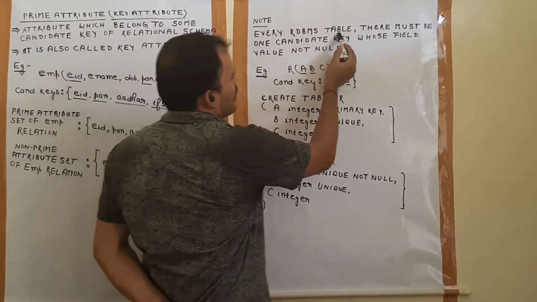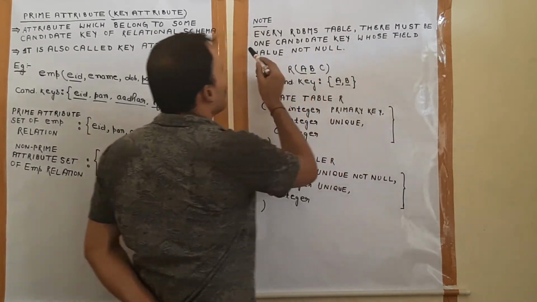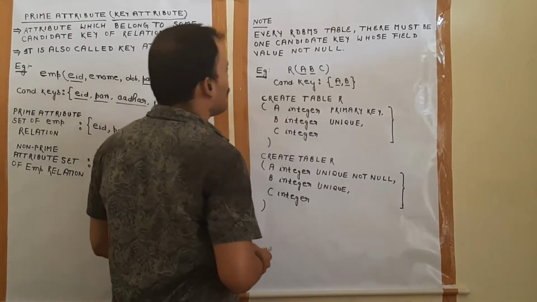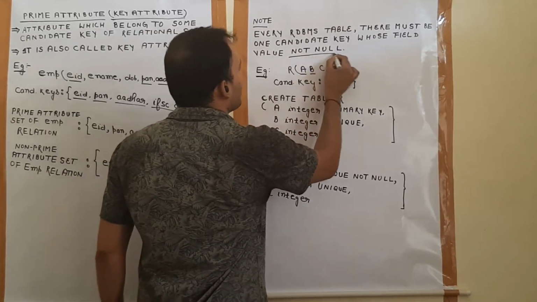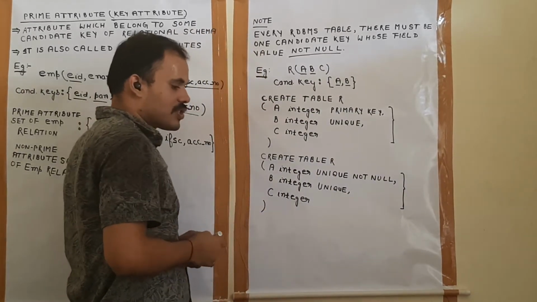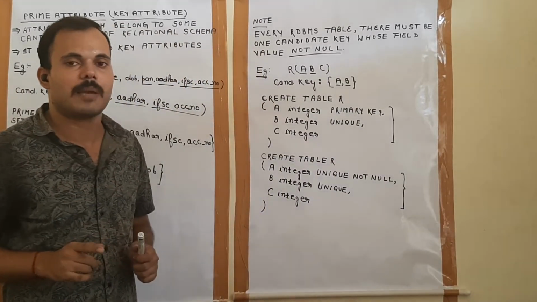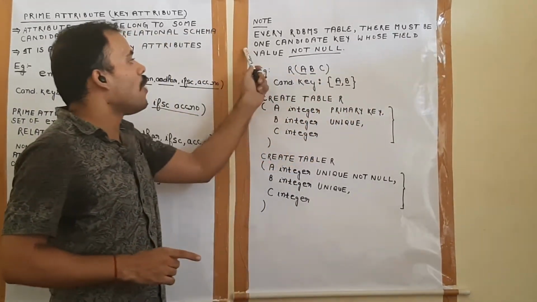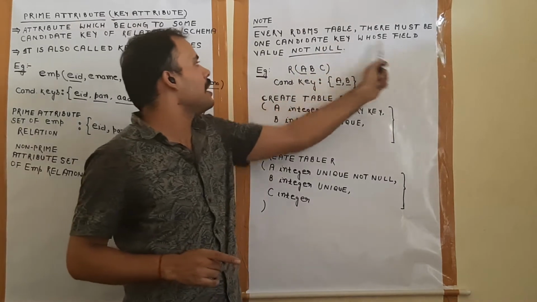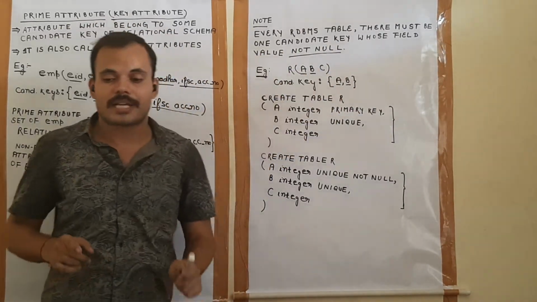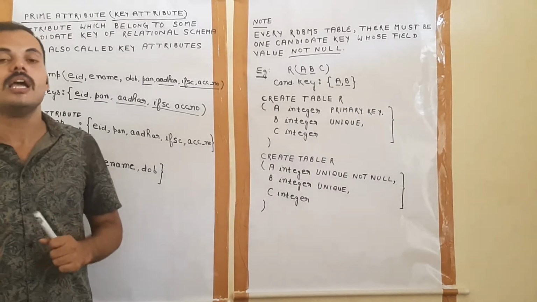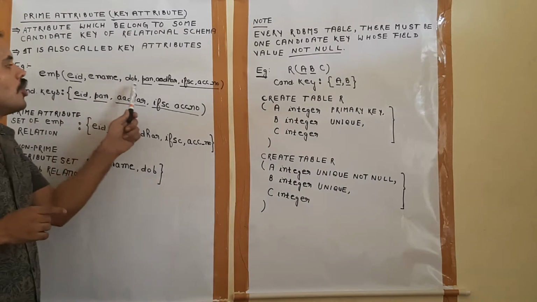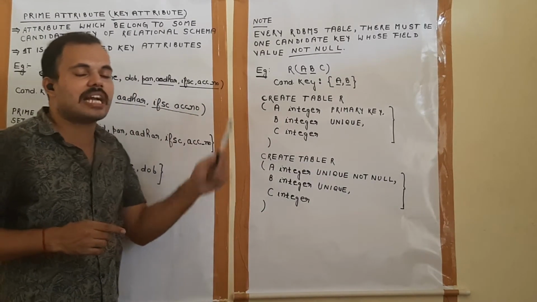See one note here. In every DBMS table, there must be one candidate key whose field value is not null. What is a field value? Field means the name of the column, for example EID, E-name, DOB, PAN, Aadhaar, IFSC, account number.